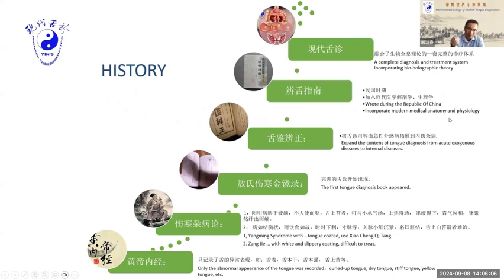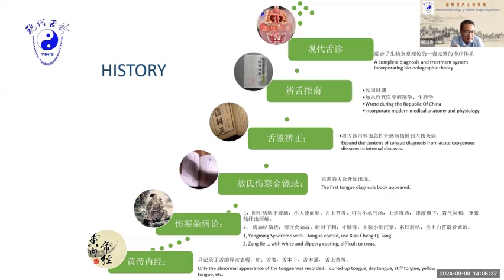Let's give a short review of the history of tongue diagnosis. Around 2,700 years ago, in the Yellow Emperor's Internal Classic, tongue diagnosis was not the main diagnosis method for Chinese medicine.